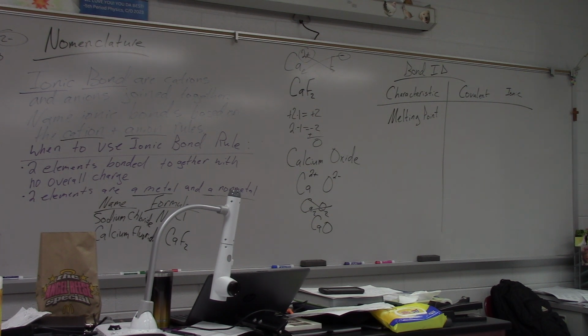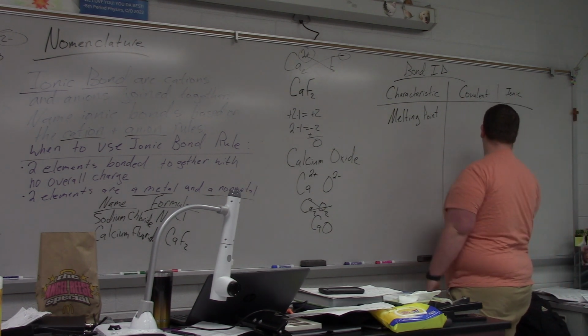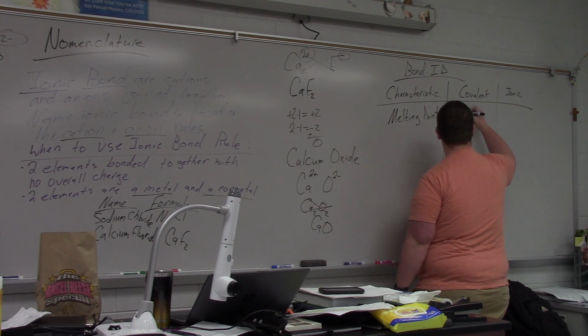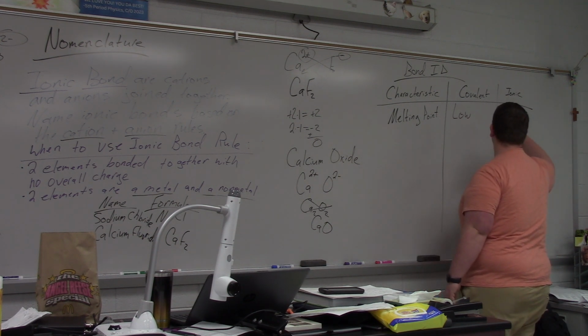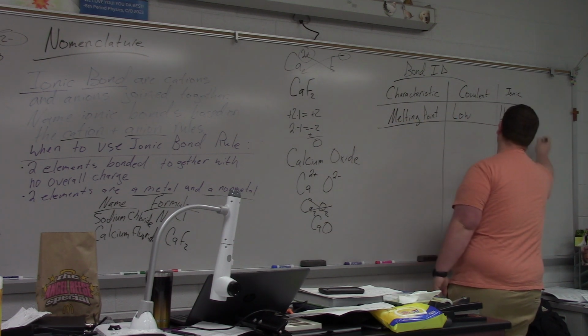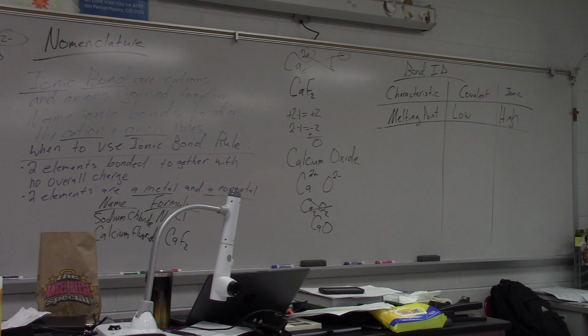You'll put some substance on one side, some on the other. Remember what happens melting point wise: covalent bonds have low melting points, and ionic have high melting points. How do I know? It's very simple. If it melts, it's going to be covalent. If it doesn't melt, it's ionic.